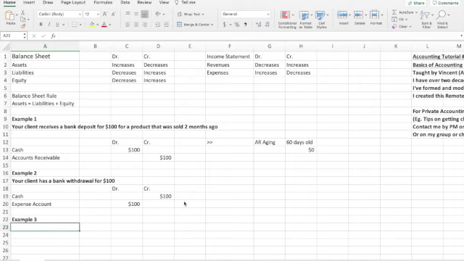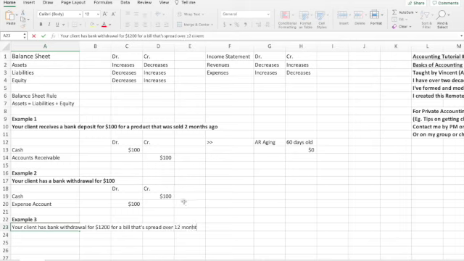So here, guys, your client has a bank withdrawal for $1,200 for a bill that's spread over 12 months, right?